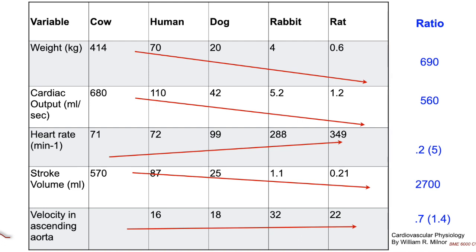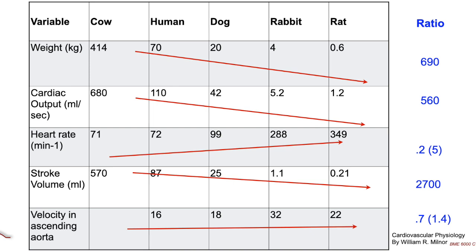The last row of this table is the velocity in the ascending aorta. This is an interesting idea of how quickly the blood leaves the heart as a velocity. So we know the volume is much higher in these larger animals, but what about the velocity, the speed at which it leaves? It turns out we don't have good numbers for cows, or I couldn't find them, but if we go through humans down to rats, we see the numbers are really pretty stable.